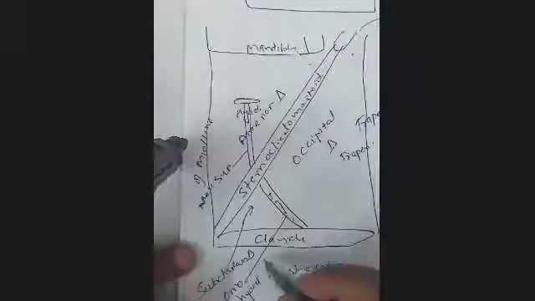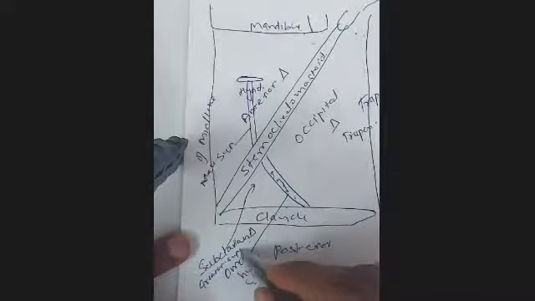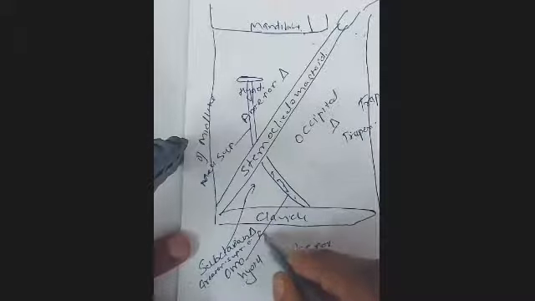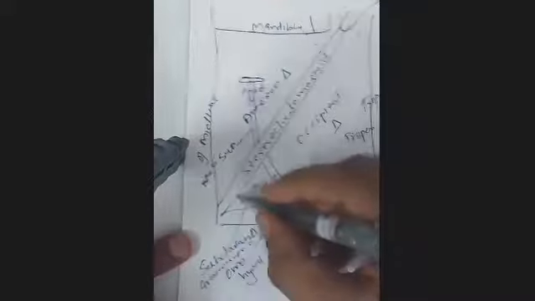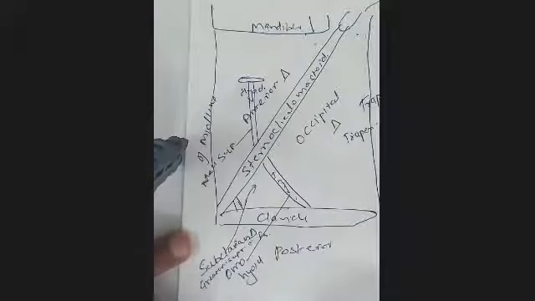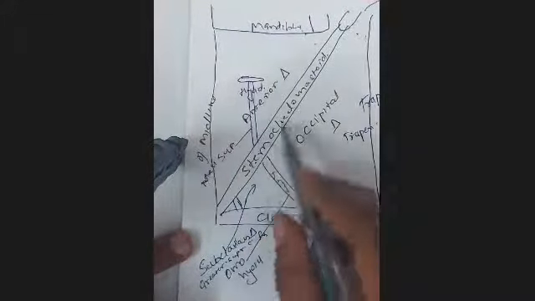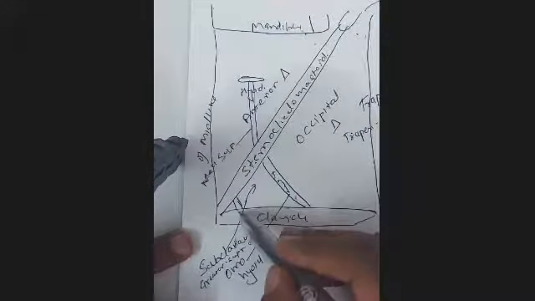This subclavian triangle is also called greater supraclavicular fossa. So what is lesser supraclavicular fossa? Here are the two attachments of sternocleidomastoid. The sternocleidomastoid, as the name suggests, has origin from sterno, that is manubrium, cleido, that is clavicle.